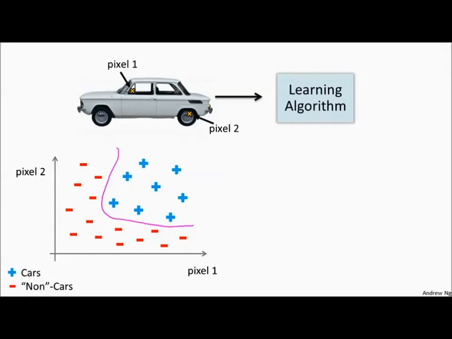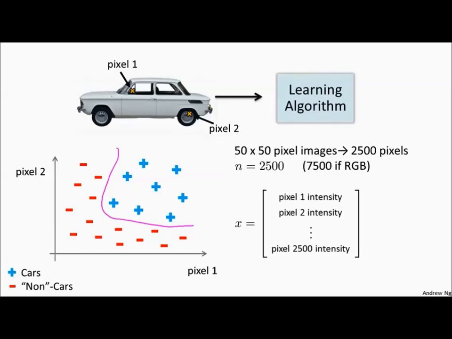What is the dimension of the feature space? Suppose we were to use just 50 by 50 pixel images. That is, suppose our images were pretty small ones, just 50 pixels on the side. Then we would have 2500 pixels, and so the dimension of our feature space will be n equals 2500, where our feature vector x is a list of all the pixel intensities, the brightness of pixel 1, the brightness of pixel 2, and so on, down to the brightness of the last pixel, where in a typical computer representation, each of these may be values between, say, 0 to 255, giving us the grayscale value.